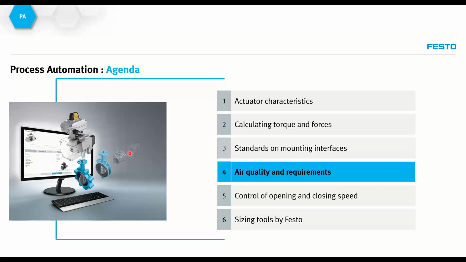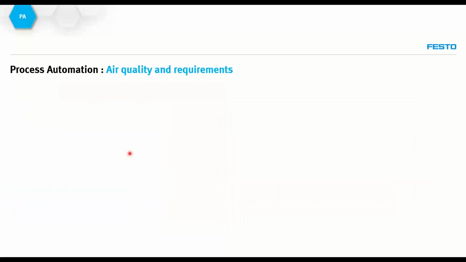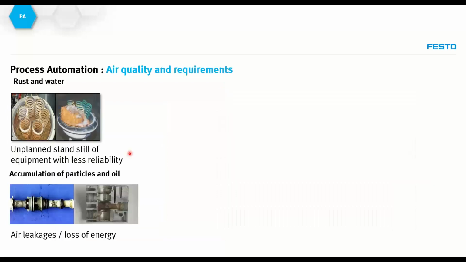This is a very important point to look into, because the most common problem, if the air is not filtered, is water content inside the air, which leads to rust and decreases our actuator reliability and lifetime. Particles and oils lead to air leakage and energy loss. Why energy loss? Because we are always pumping more air into the system to overcome this air leakage.